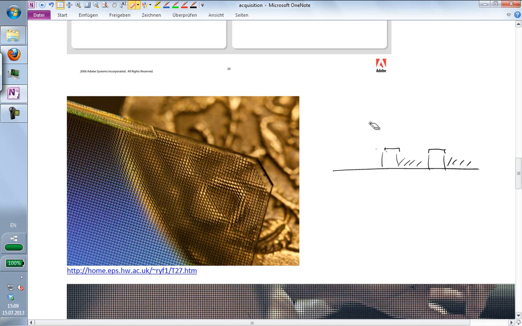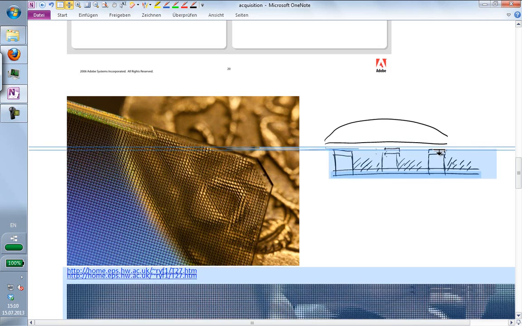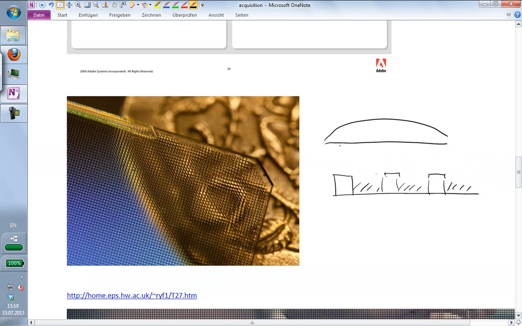Here the situation is different, so we have multiple photo elements and then a lens, and there should be some distance in between these, and then a lens that covers several photo elements. And now you have a trade-off.